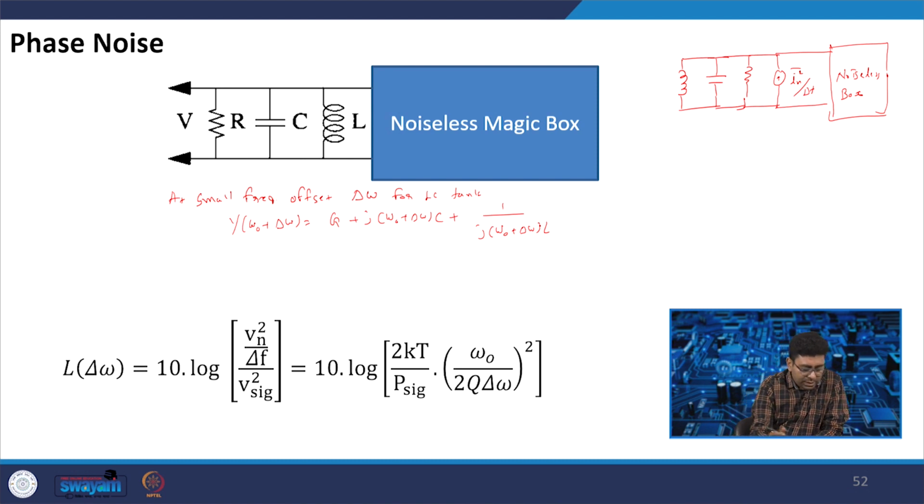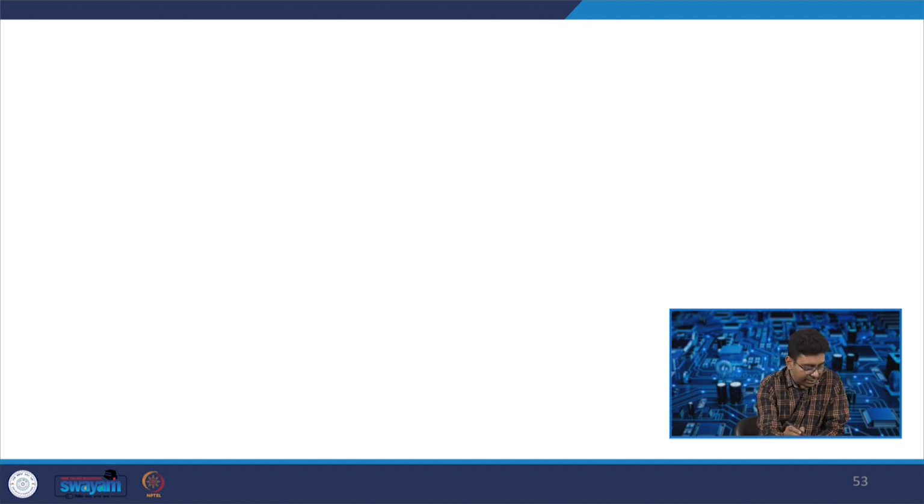So, if we simplify this, you will get the equivalent Y, which is G plus j 2 omega naught delta omega divided by omega naught plus delta omega into C. So, the Y you can convert into the Z. So, we will see on the other slide.